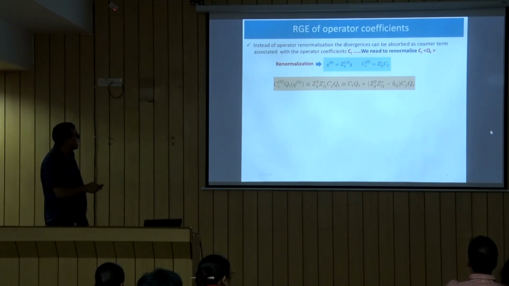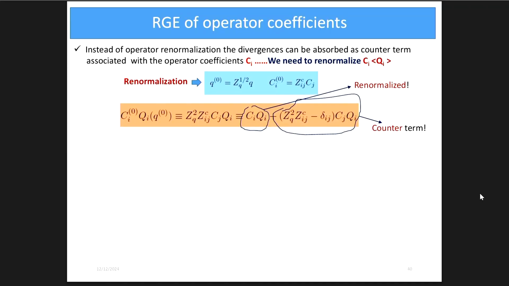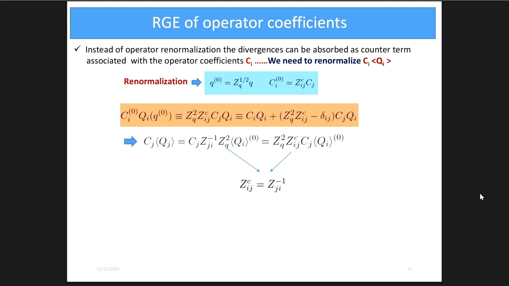So, then this would be the renormalized one, this quantity, and then this you can treat as a counter term. Okay? So, this is how you can play the whole thing. So, now once you do so, the whole thing C_j Q_j, basically what you are calculating, you can write in this form. So, here you are not doing any kind of operator renormalization, instead you have introduced a counter term associated with the coefficient.